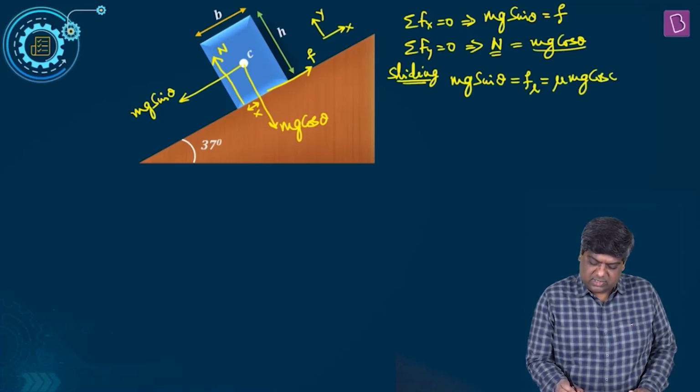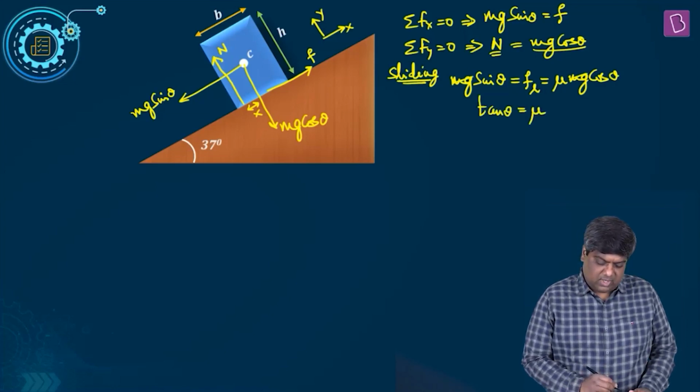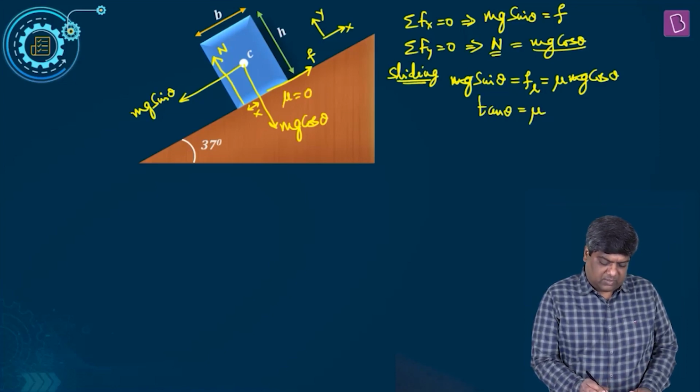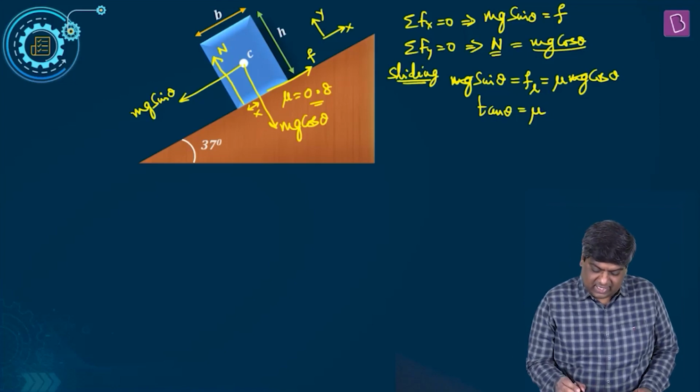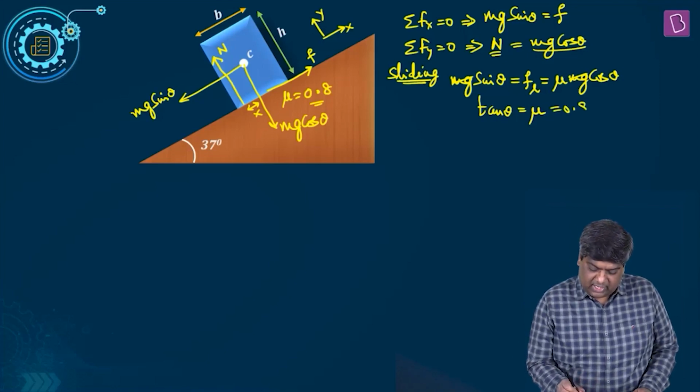Mg cos theta. So mg can be cancelled, so you'll get tan theta is equal to mu, and from the problem, remember, mu was given to be 0.8, right? So tan theta is mu, which is 0.8.